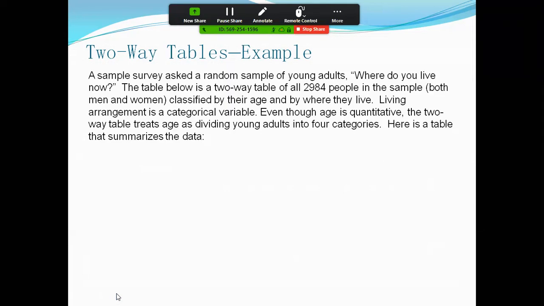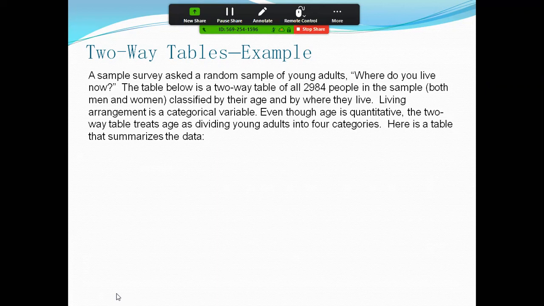Two-way tables, an example. A sample survey asks a random sample of young adults, where do you live now? The table below is a two-way table of all 2,984 people in the sample, both men and women, classified by their age and where they live.